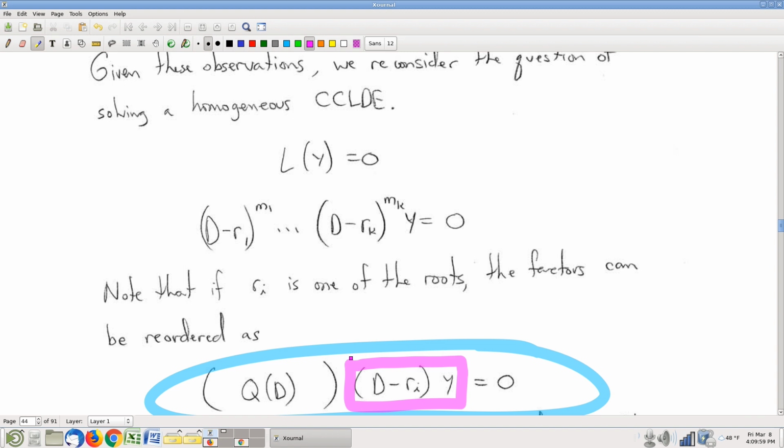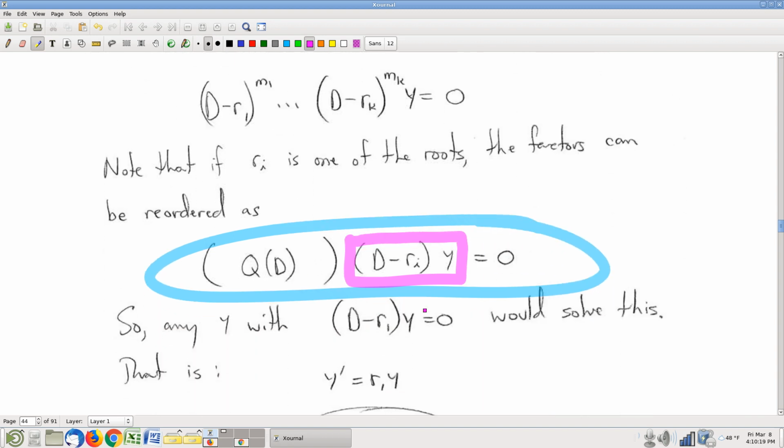Right? Now, this is not a leap of faith. If I can find some y that when you apply D minus r gives you 0, if you can make this purple thing 0, game over. We win. Who really cares what this Q linear transformation does? Right? So my goal of finding a solution simply comes down to how can I solve this differential equation?